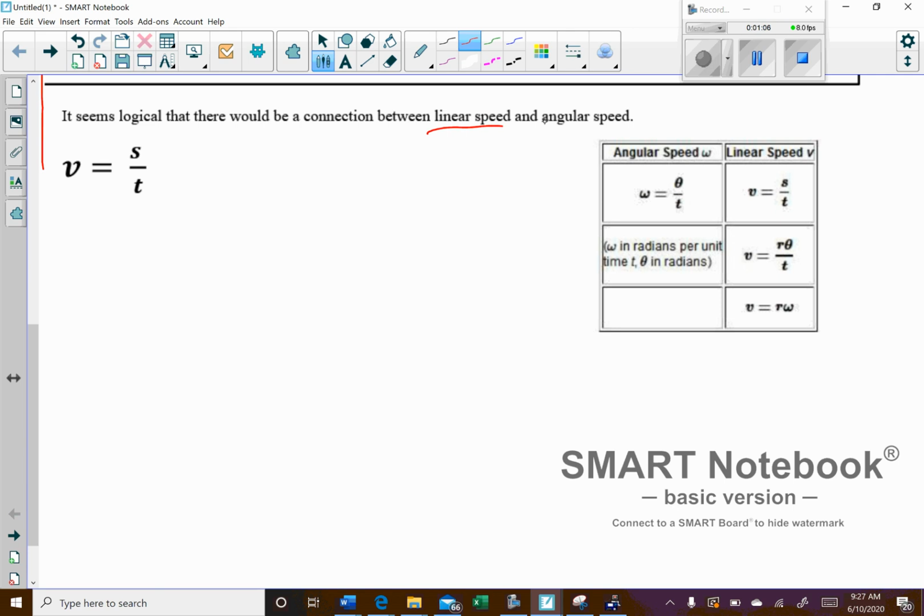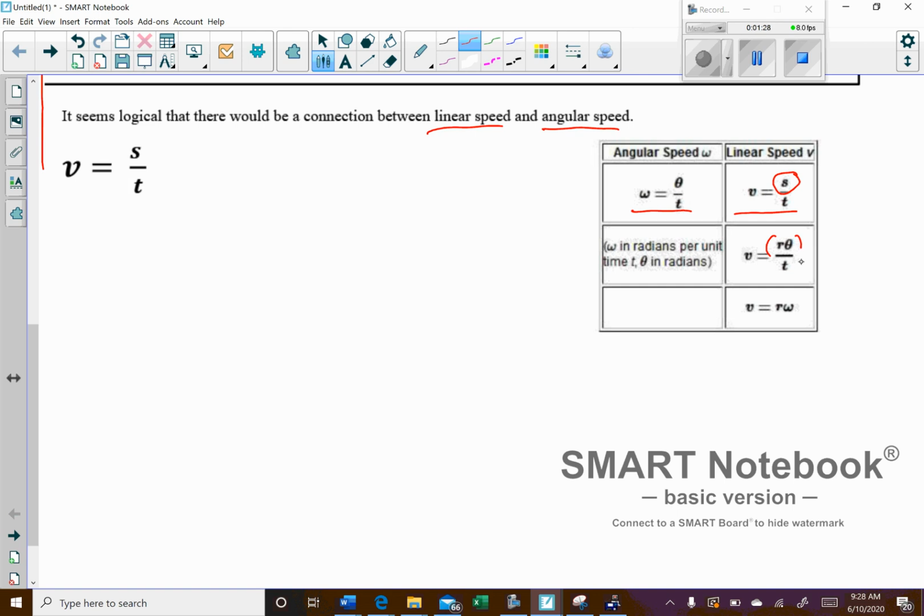And going down here, it would seem that there would be some type of connection between linear speed and angular speed, and that is true. Here's our angular speed, here's our linear speed. Remember, linear speed has arc length, which has its own formula. Arc length is equivalent to radius times theta, your angle of rotation.